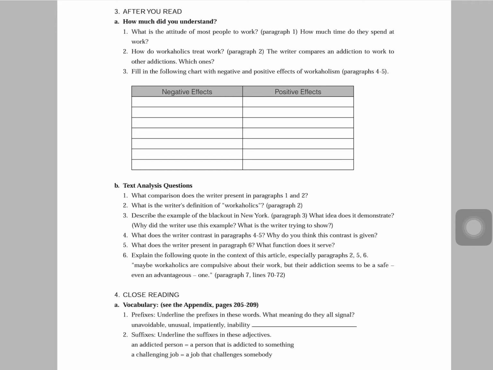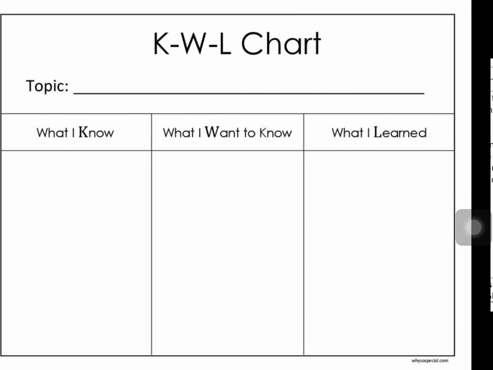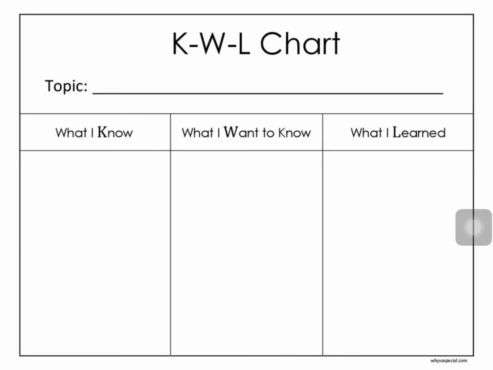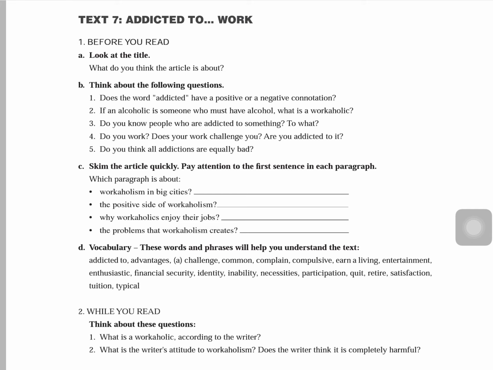So I repeat, the idea is to create a KWL chart about a topic. In this case, the topic is Addicted to Work. That is the title of the text. These are some questions that you have there for activating prior knowledge, but you don't have to answer them in the homework.